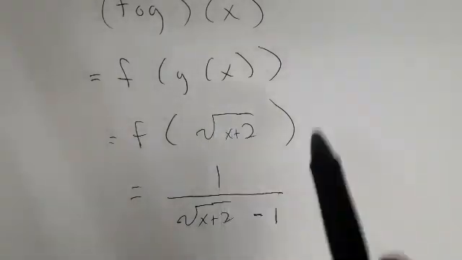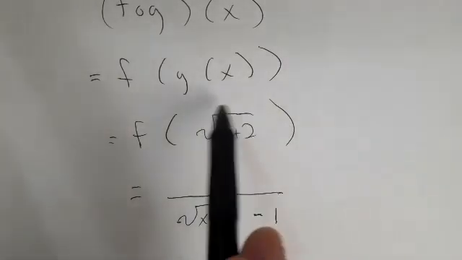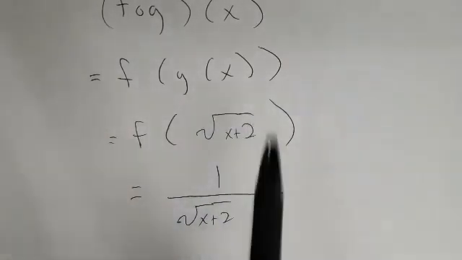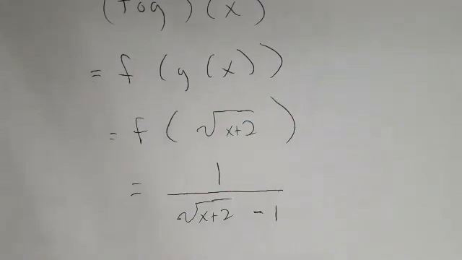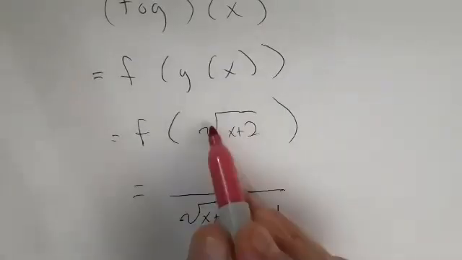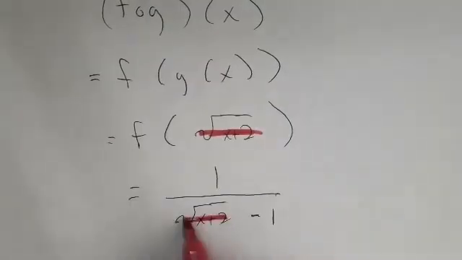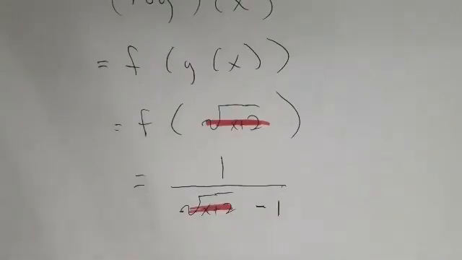Sometimes you got to draw a houseboat or some kind of crazy symbol instead of square root of x plus 2. People have problems seeing the substitution sometimes.